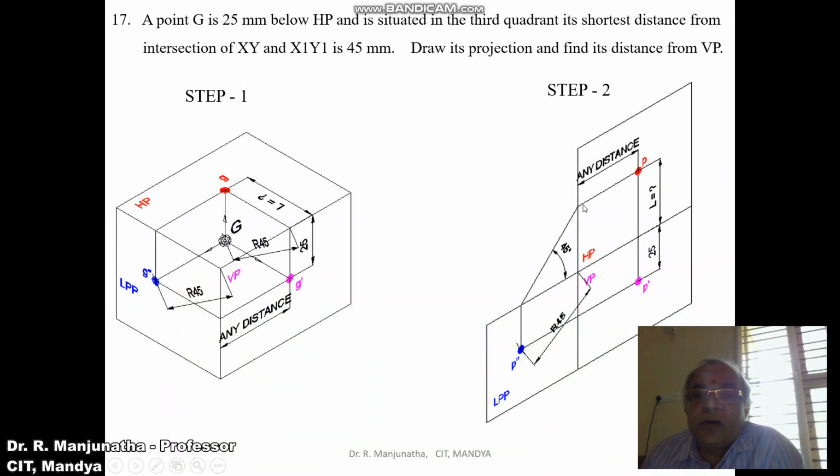Then draw a horizontal projector from here and a vertical projector from P dash. Both will intersect at this point. Mark this point as P. Then measure the distance from here to here. That will be the distance behind VP. So this is how we analyze this problem.